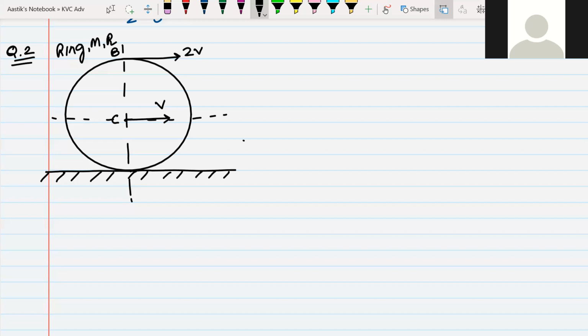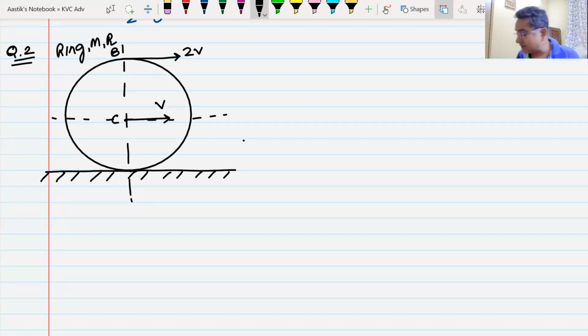Done, sir. Everyone? Tell me the answer, sir. Where is the instantaneous center of rotation? Sir, on the surface, means point of contact. Point of contact? This is the point with zero velocity and omega becomes V by R. This is again the case of what?